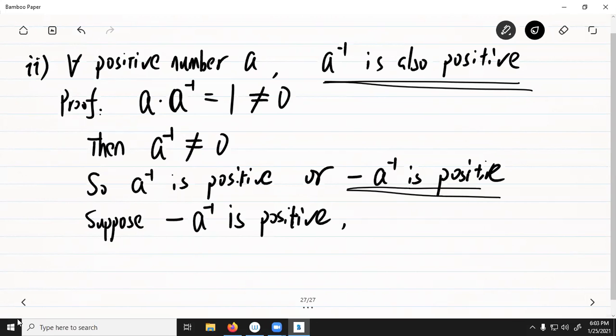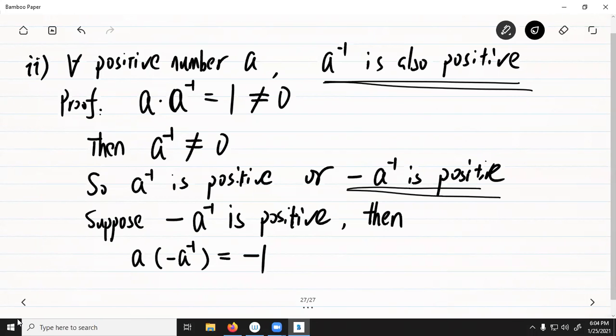Then A times negative A inverse, which we can calculate from property 3 or property 4, it doesn't matter which one you use, it should be one you already have, is equal to negative 1, using the identities I proved.